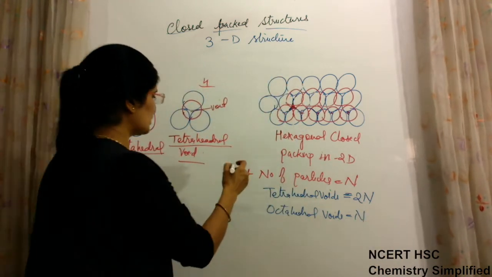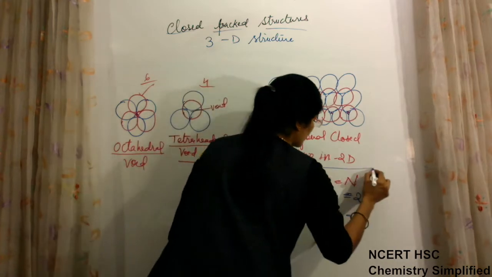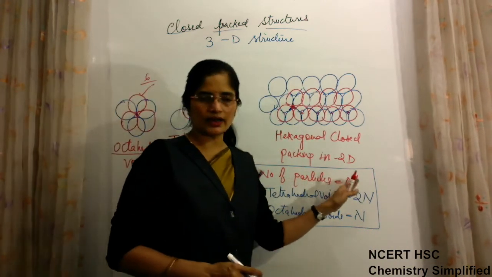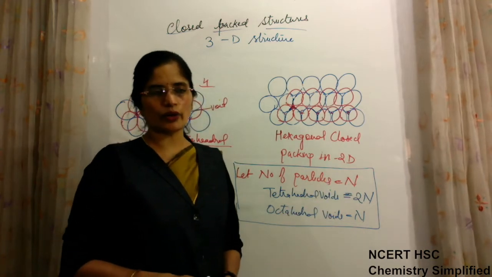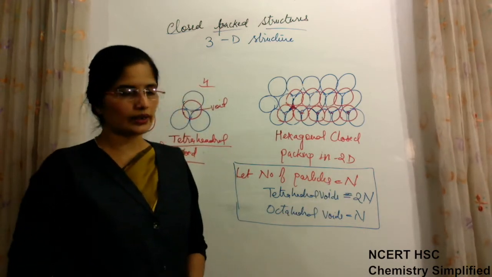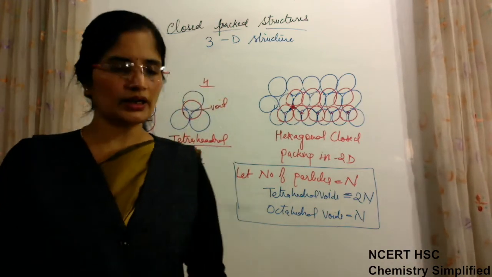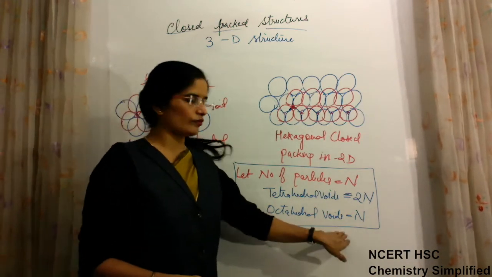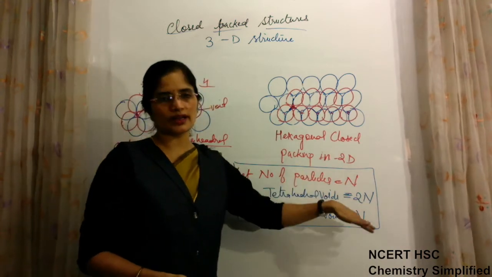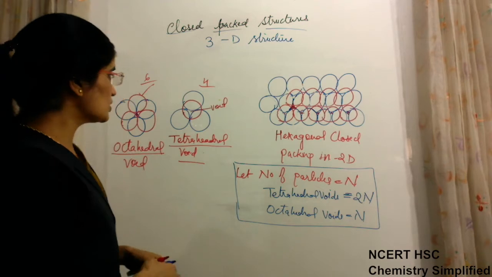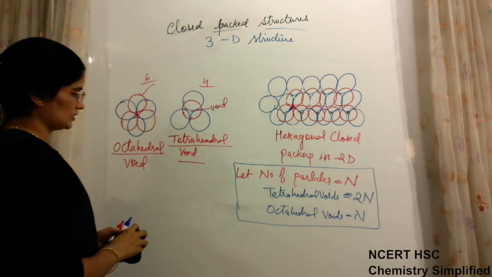This is a very important thing to remember in this chapter: if the number of particles is n, then the total tetrahedral voids generated in the crystal are 2n and octahedral voids generated are n. As many particles, as many octahedral voids. As many particles, double that many tetrahedral voids. This is something to be remembered.